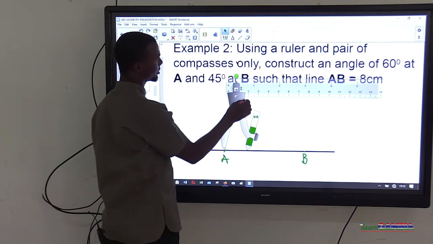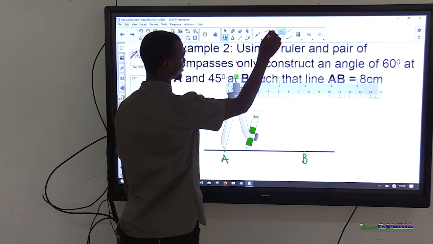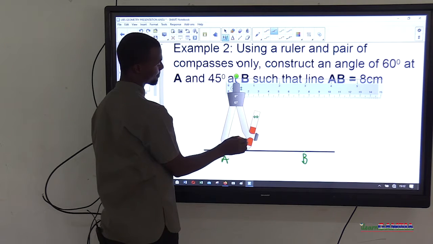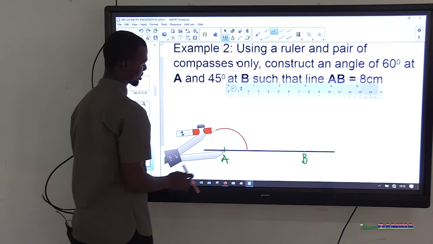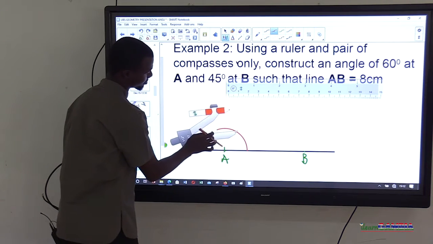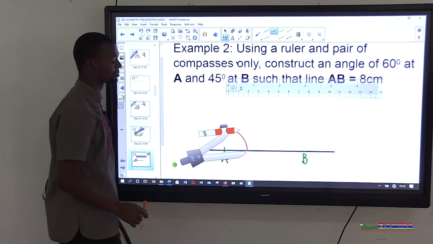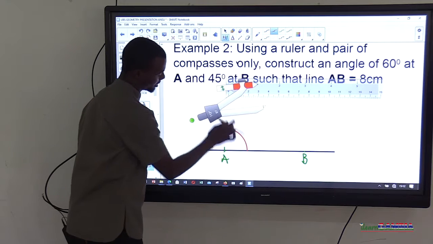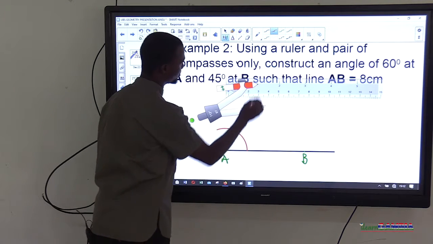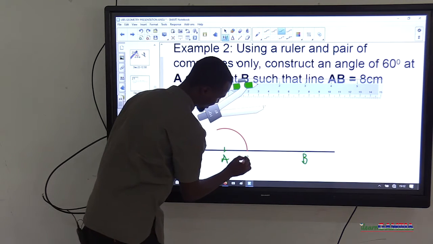We draw an arc. So we stand where the arc and the line meets. Let me call that point C. The point where the arc and the line intersect, point C.